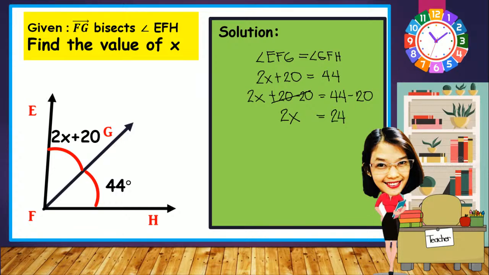So, what's next? What is the next thing to do? That's correct. Your answers are correct. No, you will not add. You will subtract. What will you do? Divide it by what?